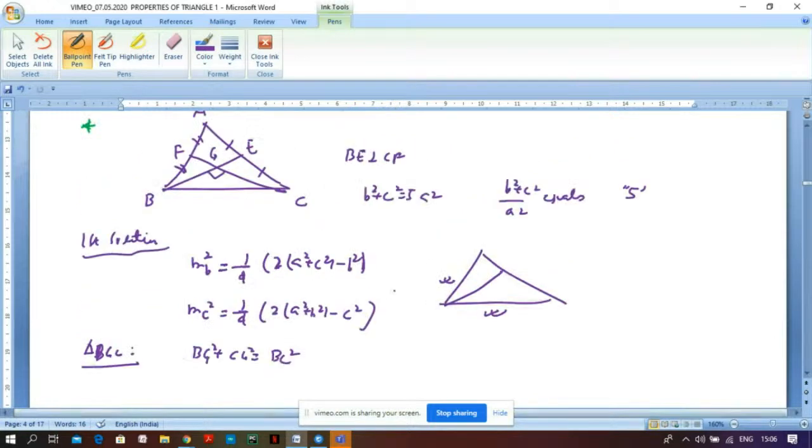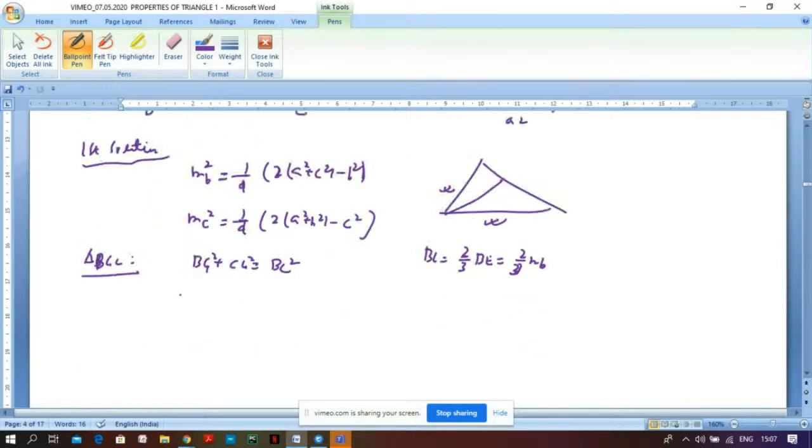Now we know that in a median, BG is 2/3 of BE, that is 2/3 of mb. And so I can write this as 4 over 9 times mb squared plus 4 over 9 times mc squared is a squared.